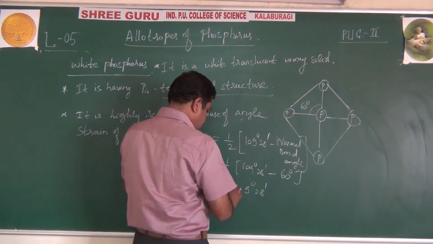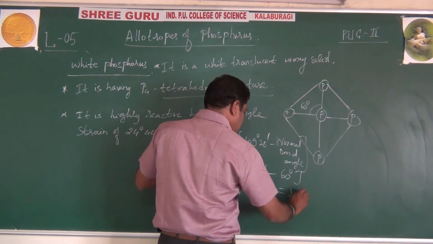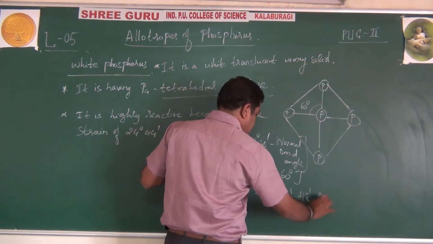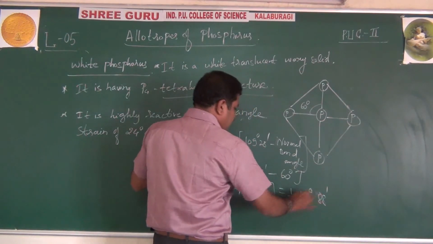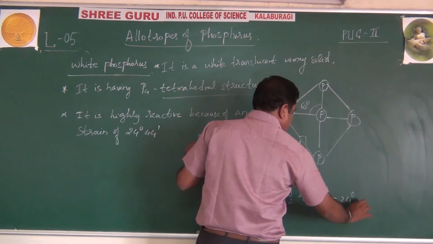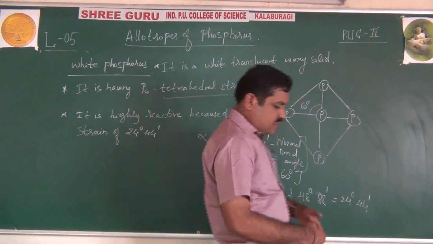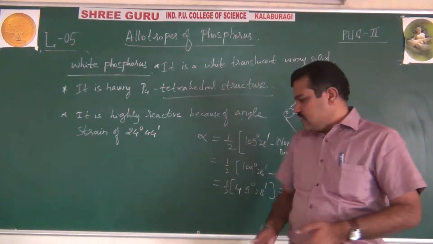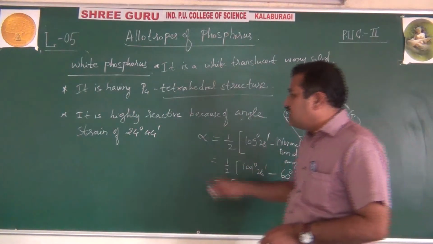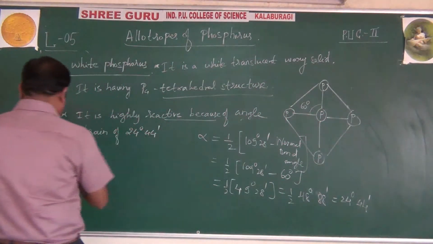When you convert 1 degree to 60 minutes, it becomes 48 degrees 88 minutes. If you halve it, what do we get? 24 degrees 44 minutes. When you have this angle strain, there is strain on the ring, and because of this it is highly reactive.